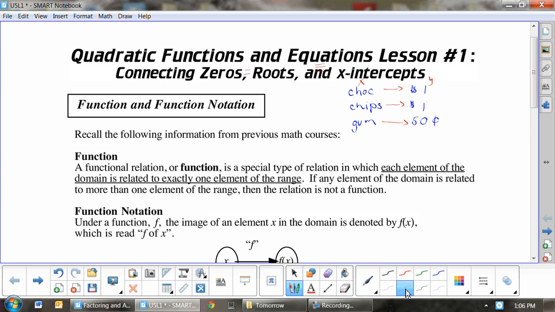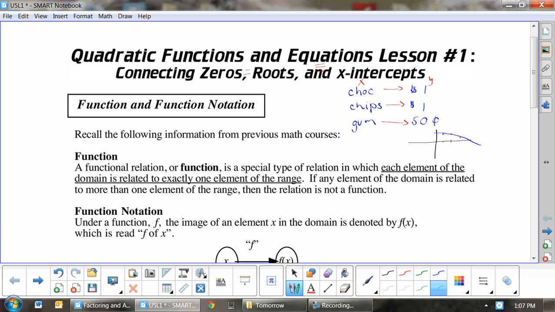So we can also show this on a graph, which is sweet too. So we'll say our chocolate bars are $1, our chips are $1, and our gum is 50 cents, so it's going to be way down here. And then our line would look kind of like this.